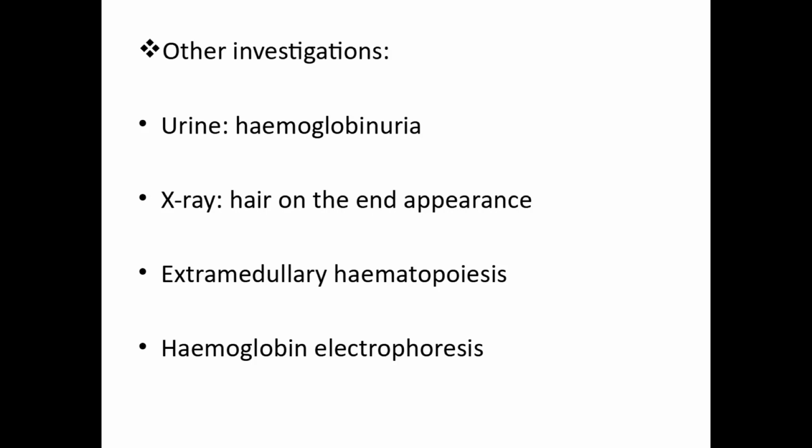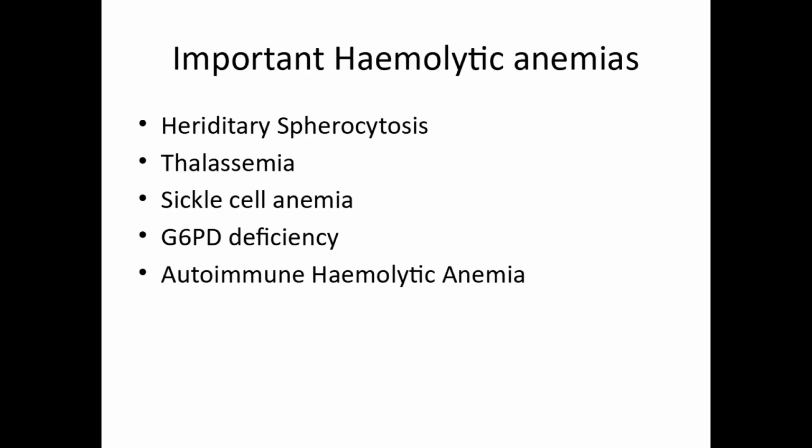Apart from these, you can do hemoglobin electrophoresis to identify diseases such as thalassemia as well as sickle cell anemia. This list here gives you some of the important hemolytic anemias. As far as your exams are concerned, thalassemia, sickle cell anemia and autoimmune hemolytic anemias are the most important.